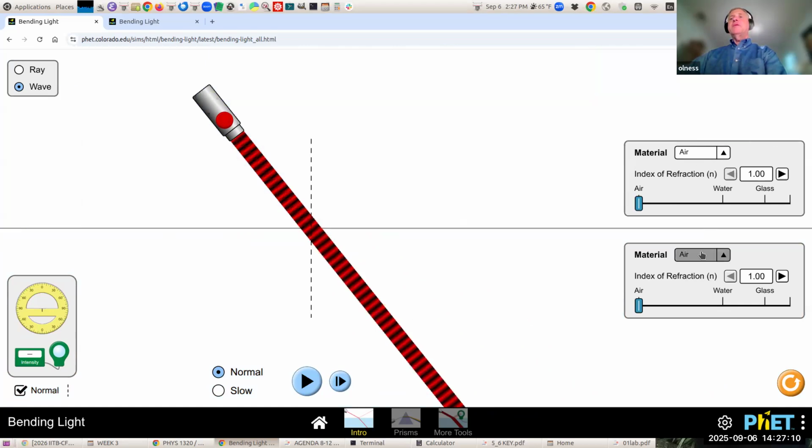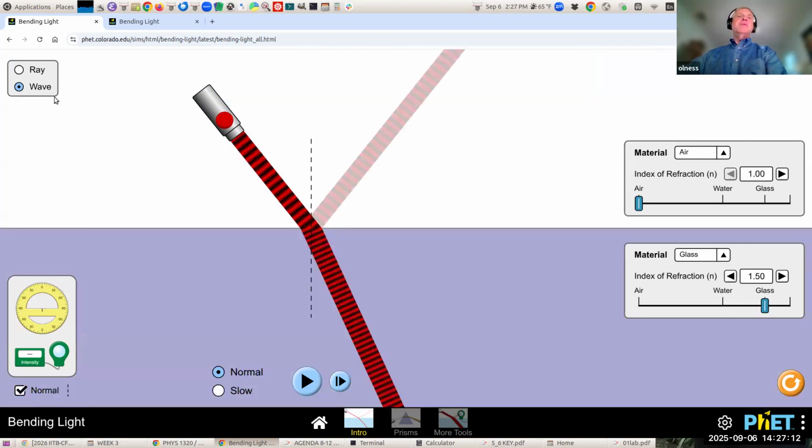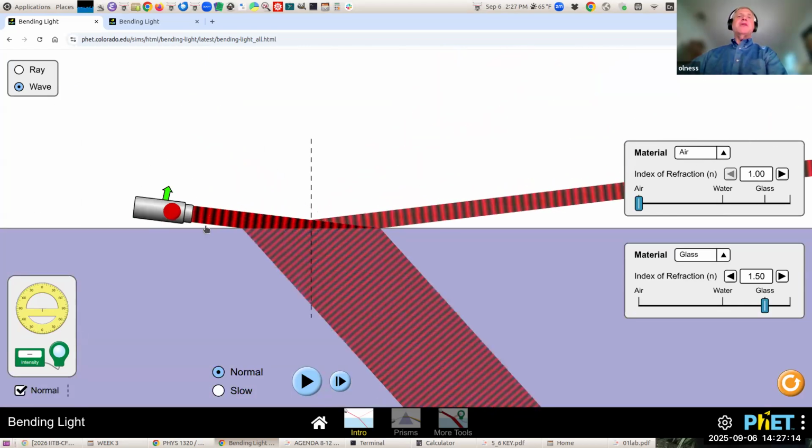That's simply a matter of the wave speed. So when you go into different materials, if the wave speed is different, it will cause the light to bend. If it's slowing down, it'll bend away from the direction like this. It won't let me go into the water.